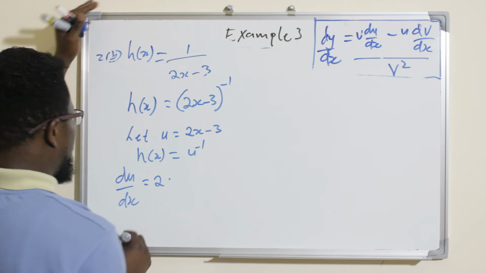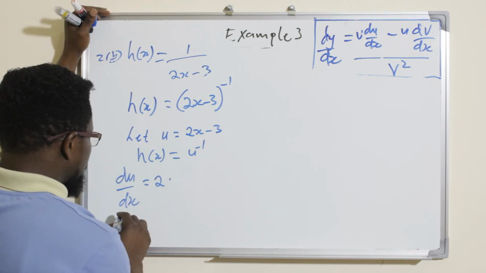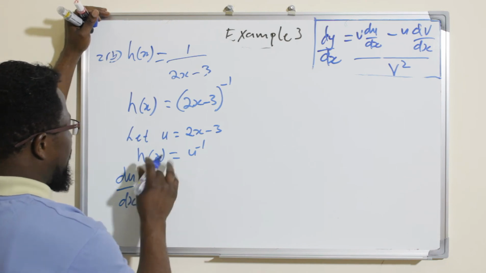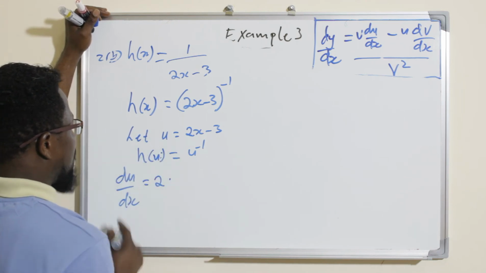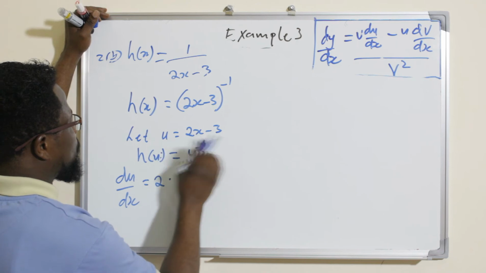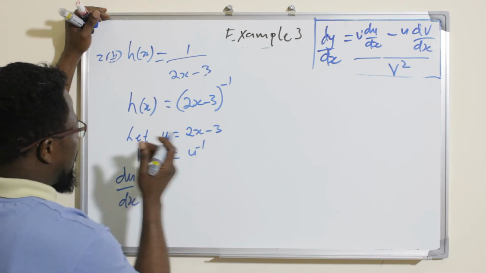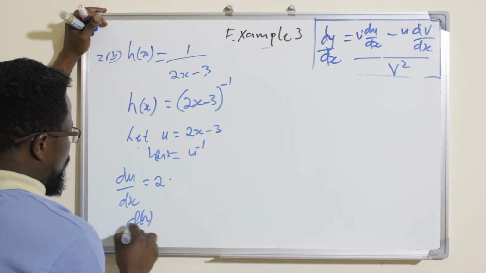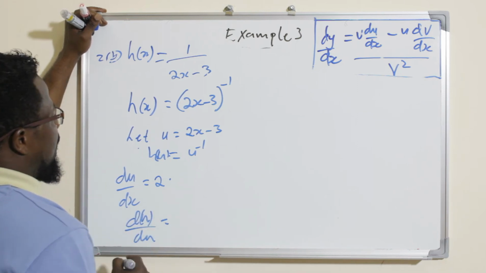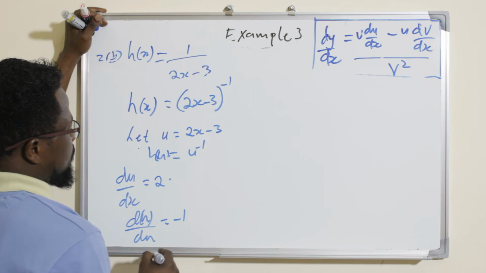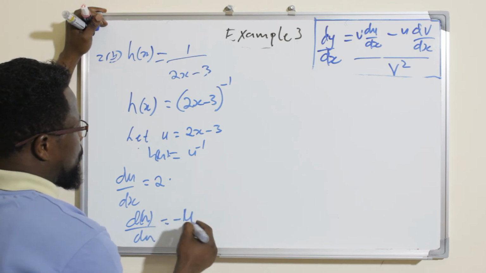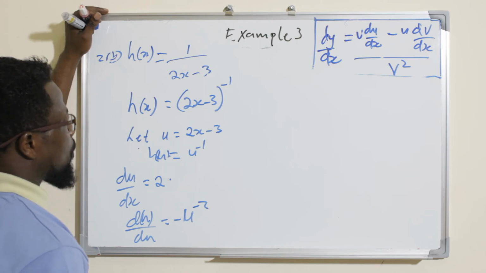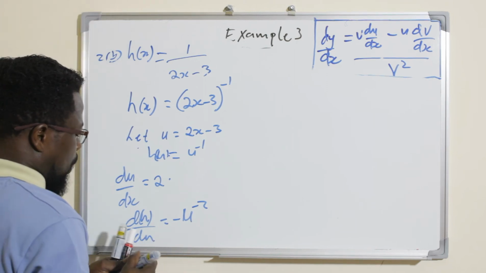And then dh du, differentiating this with respect to u, is going to be negative 1, so negative u exponent negative 2. Now I have gotten this as well.